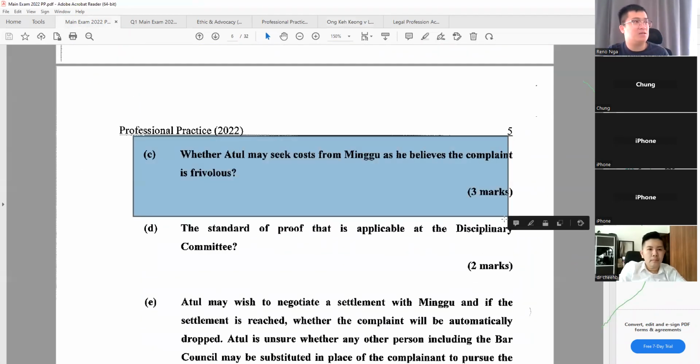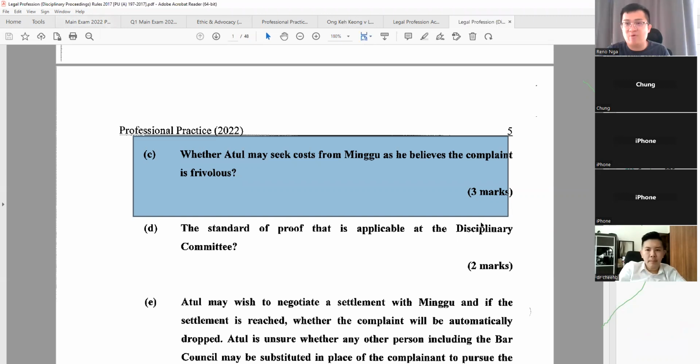Next one: whether A may seek costs from M as he believes the complaint is frivolous. Like I said, same principle. Three marks should be quite easy, because it should be a yes or no answer. For all the students who go to the Legal Profession Disciplinary Rules, I think everybody agrees, right?